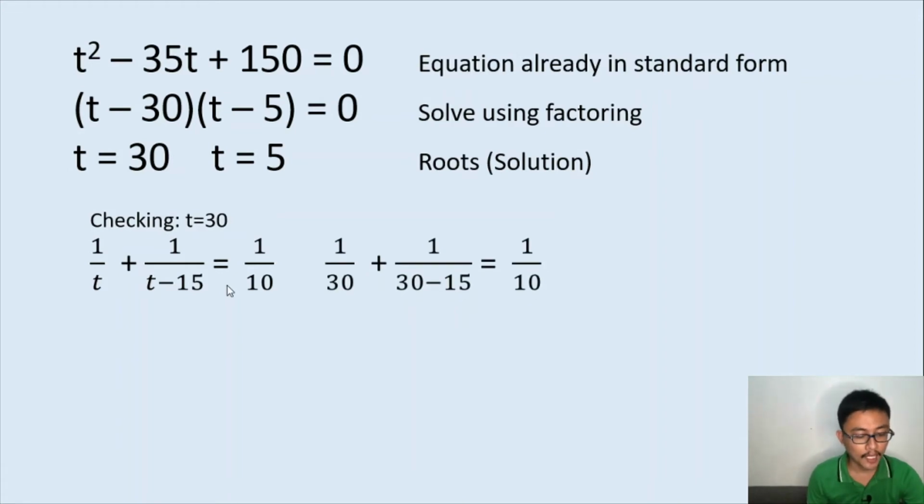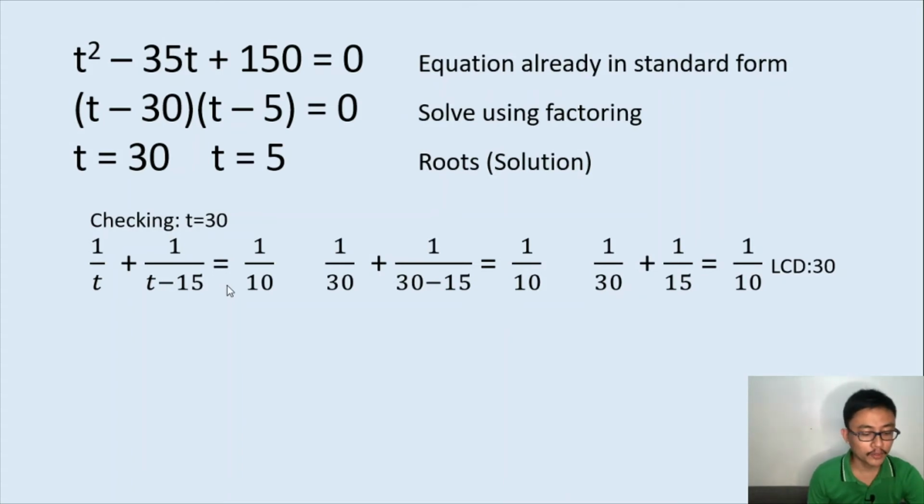So, 1 over 30 plus 1 over 30 minus 15 equals 1 over 10. So, 1 over 30 plus 1 over 15 equals 1 over 10. So, hanapin natin yung LCD which is 30.